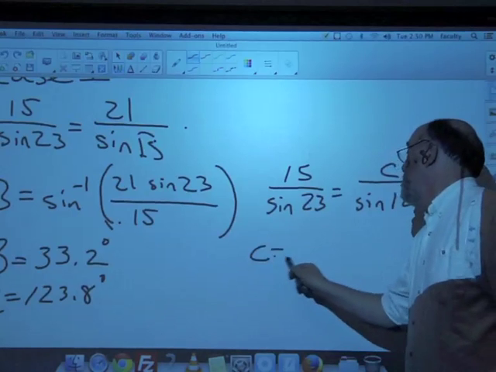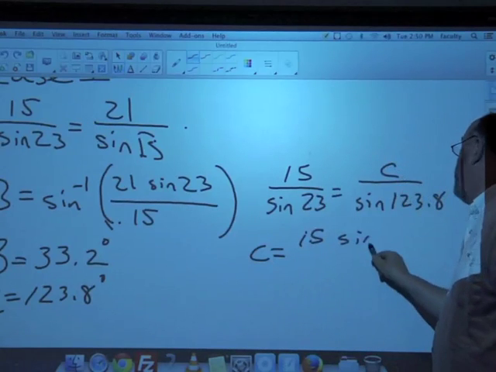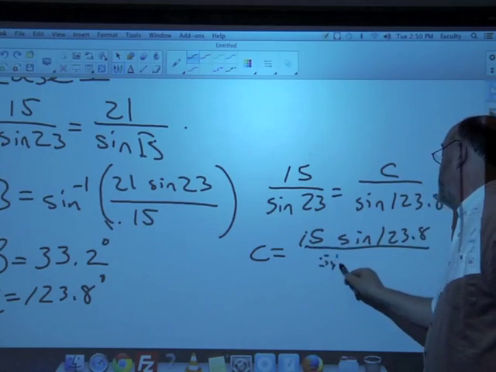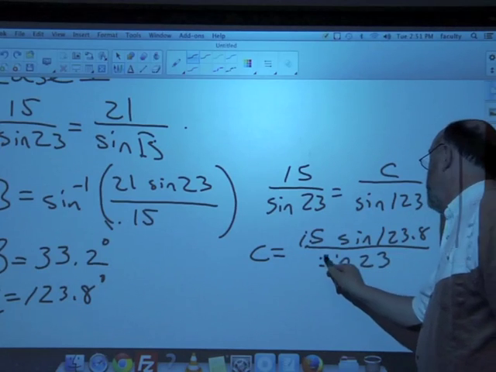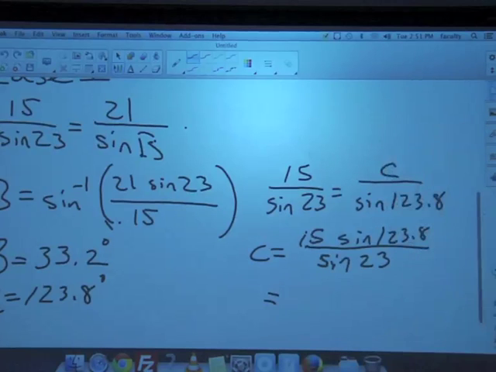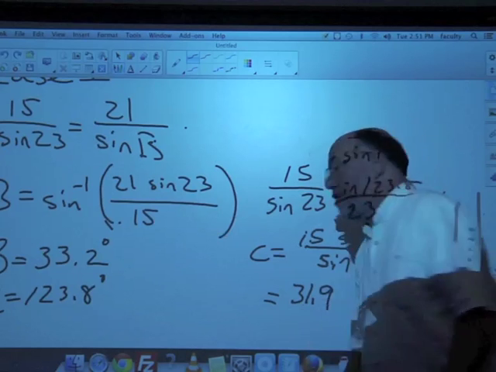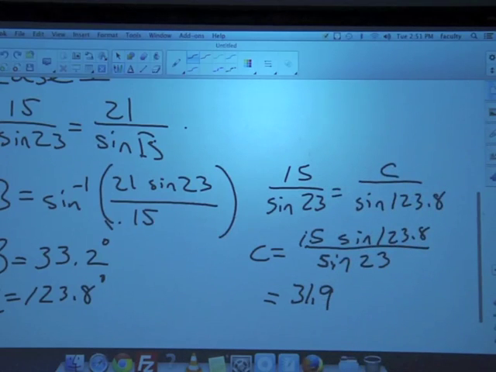So side C is 15 sine 123.8 over sine 23, and you plug all that into the calculator. This time you end up at 31.9. That's everything with regards to the first triangle.